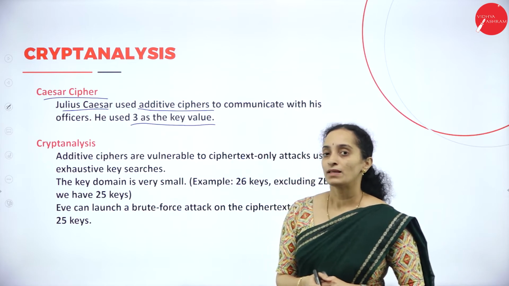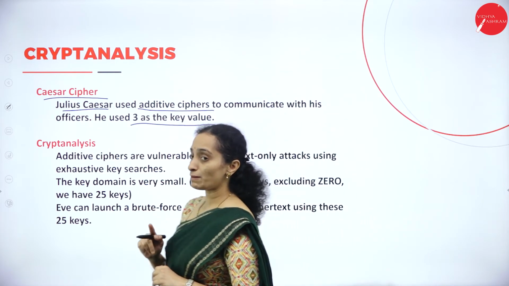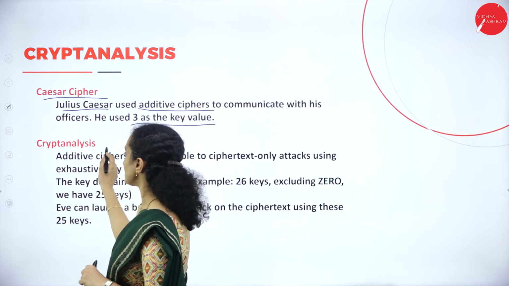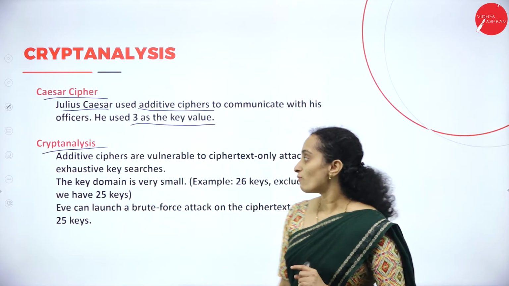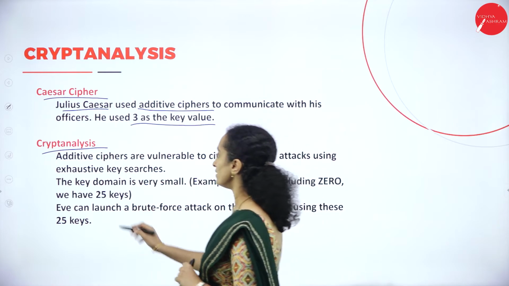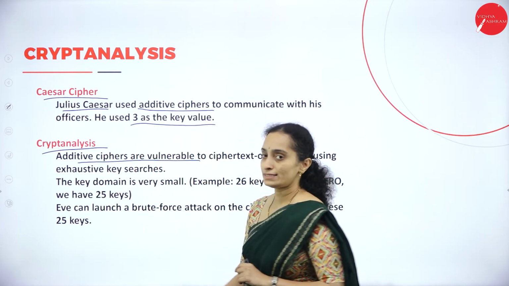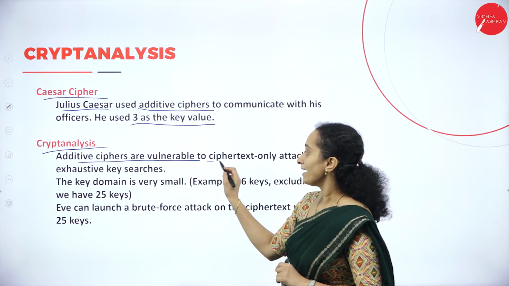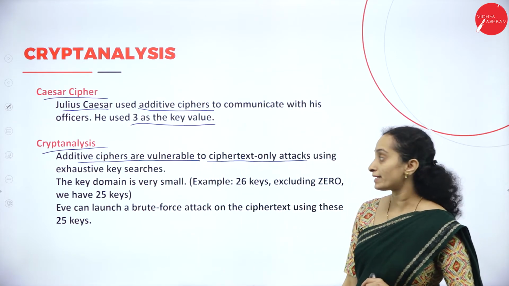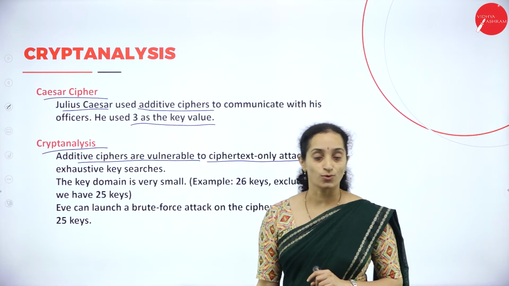Now, if you check the vulnerability of this method of ciphering, we have to perform cryptanalysis. After checking, the conclusion is that additive ciphers are more vulnerable to ciphertext only attacks.